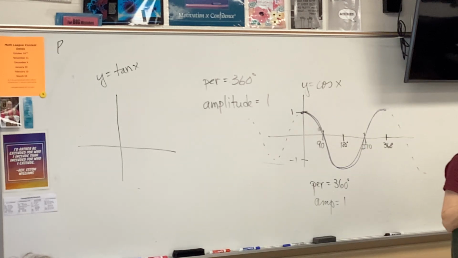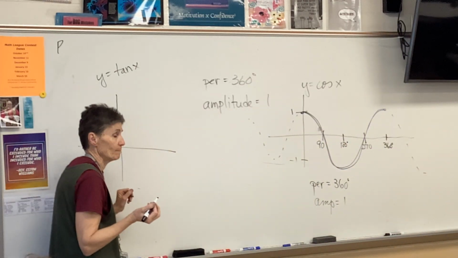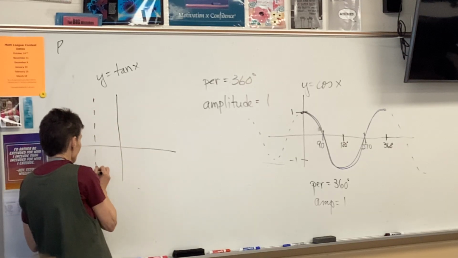Sometimes our answers came out to be undefined. Remember? That doesn't happen with sines and cosines, but that happens with other things, including the tangent. So the tangent looks totally different because it has asymptotes.